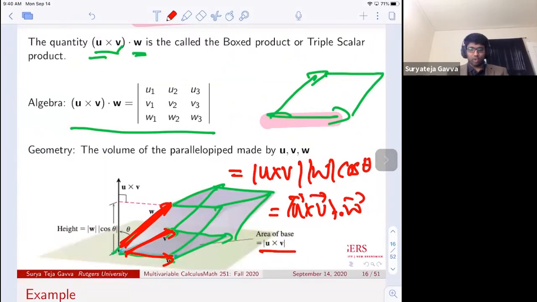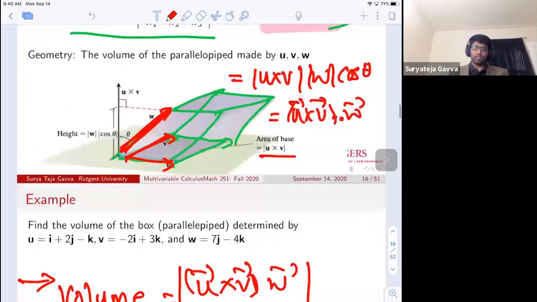So this formula is a dot product. It's not just the base area times the length of w. I'm multiplying the base area times the height, and the height is given by w cos theta. And to compute w cos theta, I use the dot product.